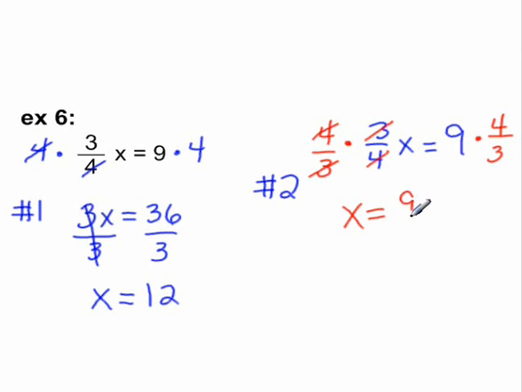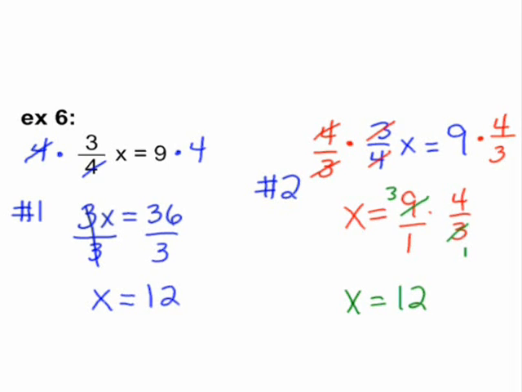So I'm going to have 9 times 4/3, and what I can do is put the 9 over the 1 and then do a cross-cancel method. 9 divided by 3 is 3. 3 times 4 is 12. So I can get the same exact thing. And this will conclude our one-step equation notes.